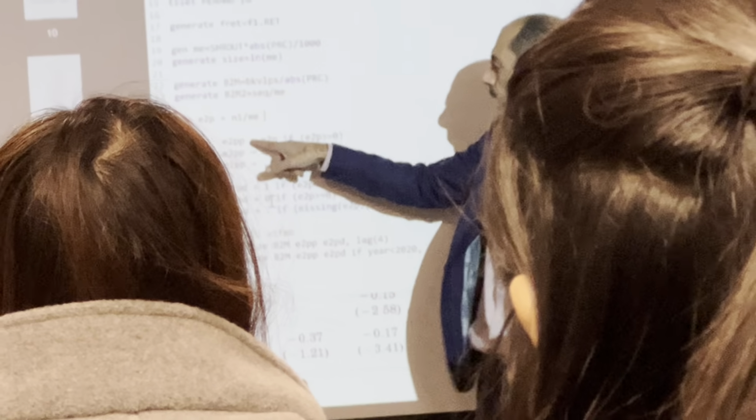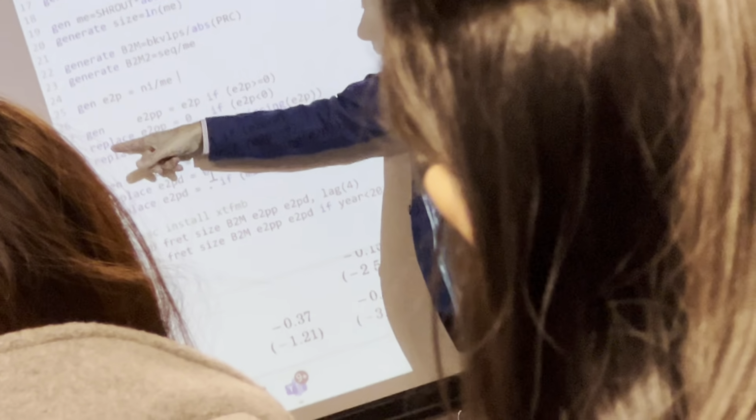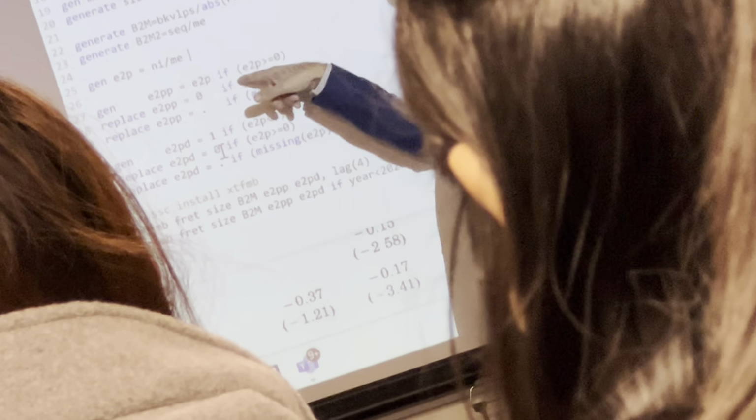So this is the earnings to price as it is defined, but we replace the same variable with zeros if this is negative.